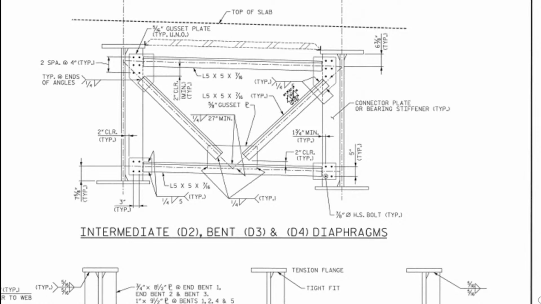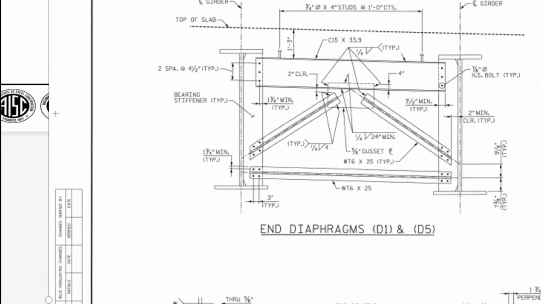It just reverses the previous drawing. Here all of these black dots are bolts. There are bolts here, two spacing at 4 1/2. So therefore that is 9 inches.